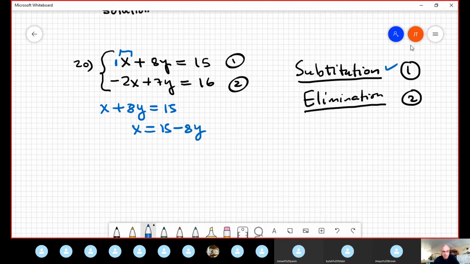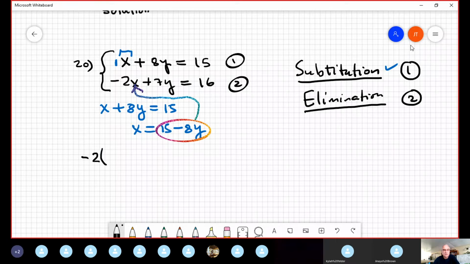Okay? Now you substitute, this is the name of the method, this expression here in the other equation. So far we have minus 2, parentheses, 15 minus 8y, plus 7y equals 16.